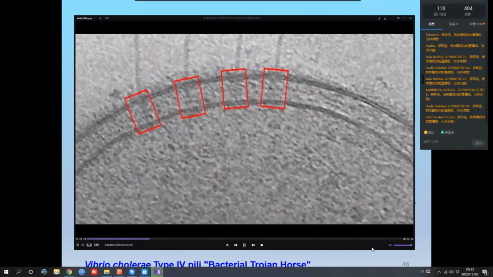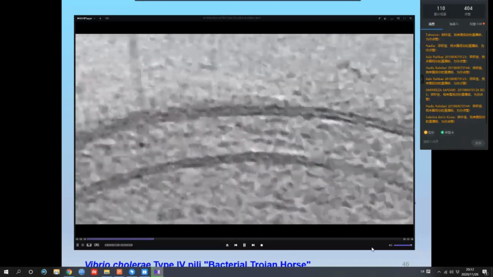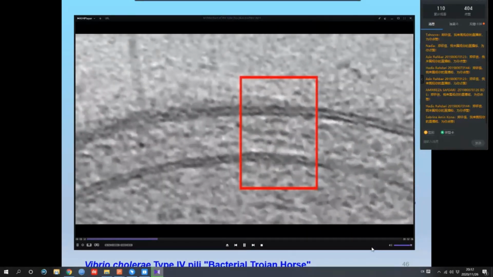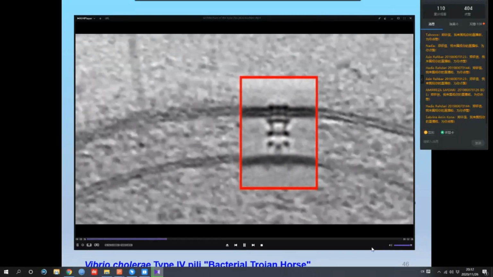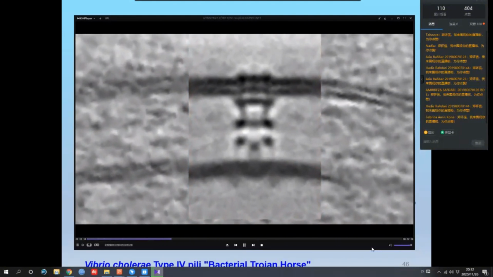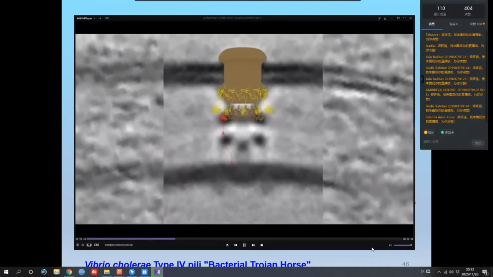Basal bodies without pili can also be seen. Aligning and averaging many of such 3D images results in a clear picture of the machine. Using diverse information about components, including atomic models where available, a pseudo-atomic model of the assembly can be proposed.